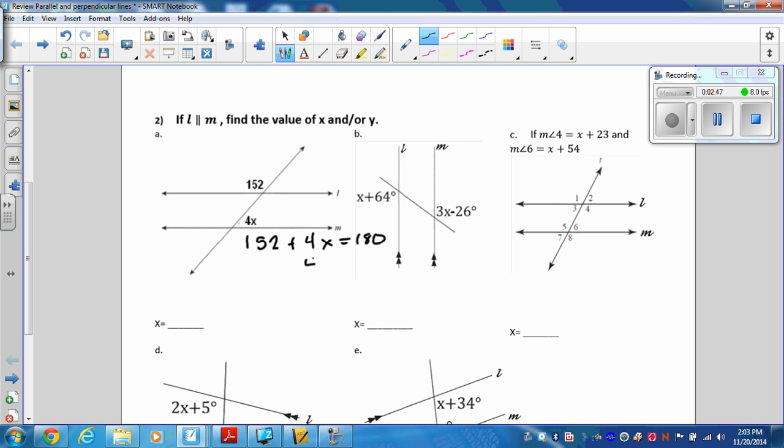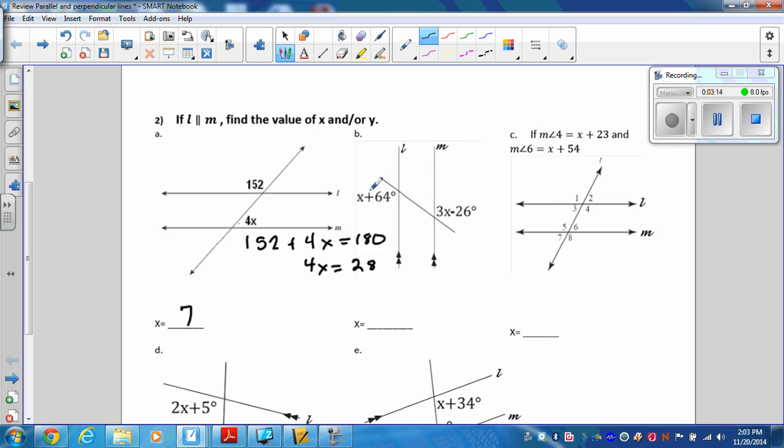So 4x equals 180 minus 152. And that's 28. So 4x is equal to 28. Therefore, x is equal to 7. Now, it didn't ask us to find the measure of an angle, it just asked us to find x.